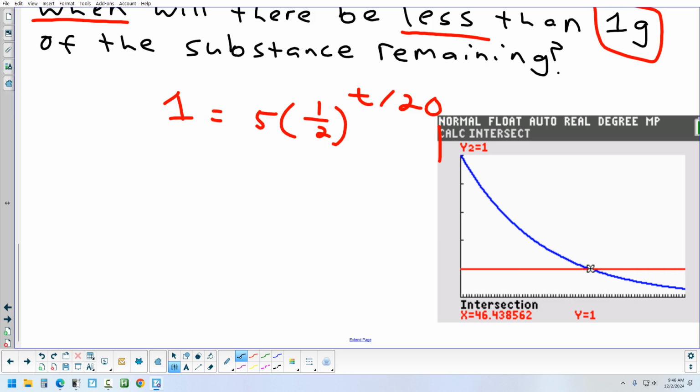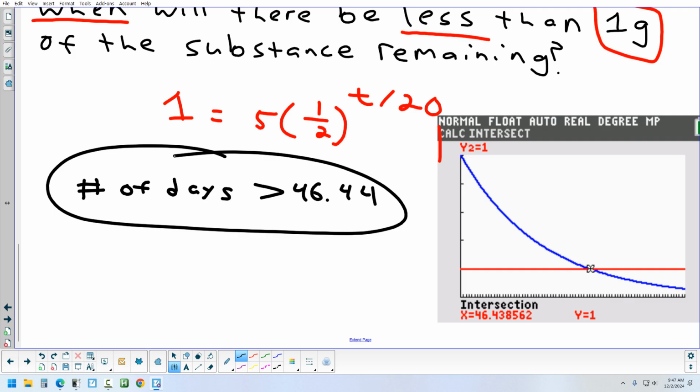You have to write a little bit more than that. You can use 46.44 in your answer, but you have to elaborate on your answer a little more. 46.44 days. We need a little more though. Anything greater than 46.44 days. So the number of days has to be greater than 46.44.